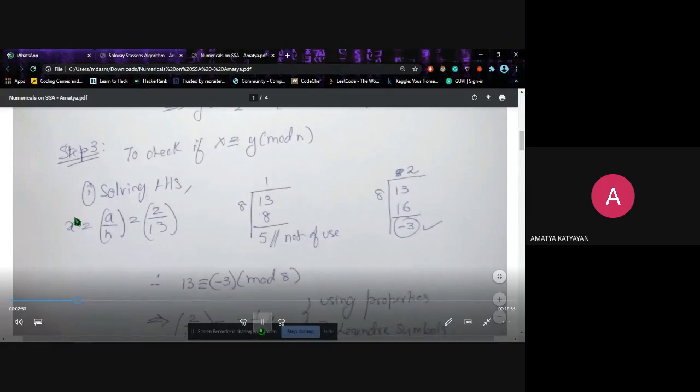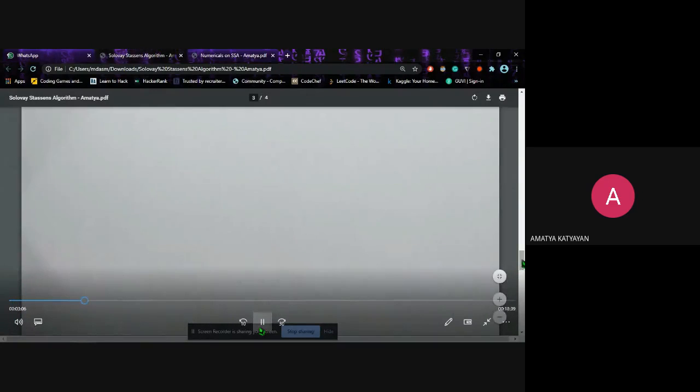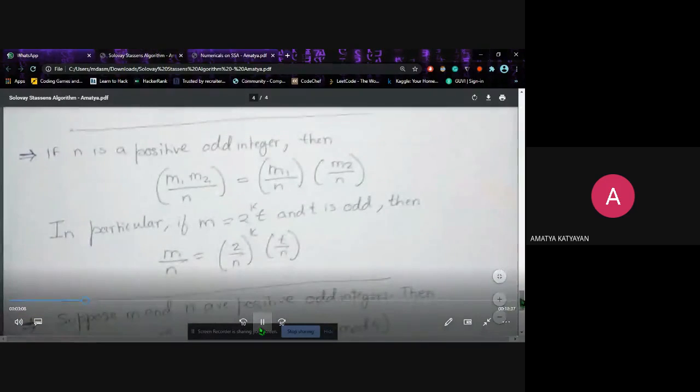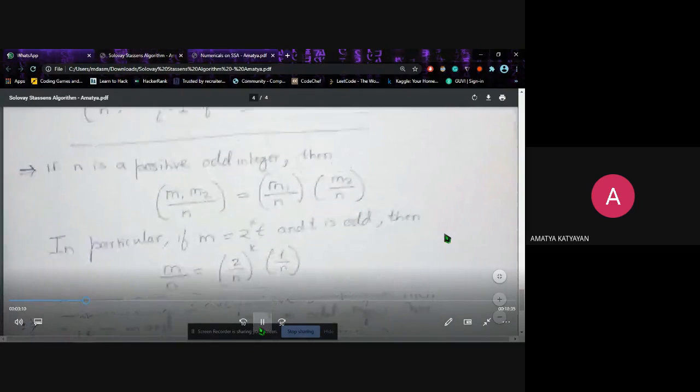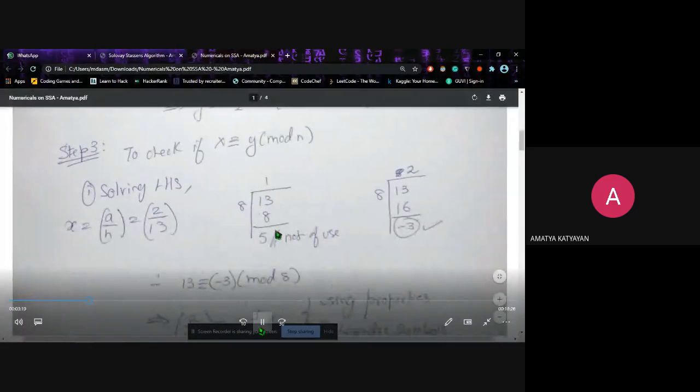We are given x equal to a upon n equal to 2 upon 13. The trick we use for this case, according to the properties we studied before, is that if we are given 2 upon n, then we first divide n by 8. Same thing we are doing over here. We divide n, which is 13, by 8.